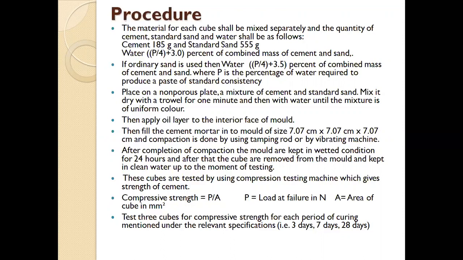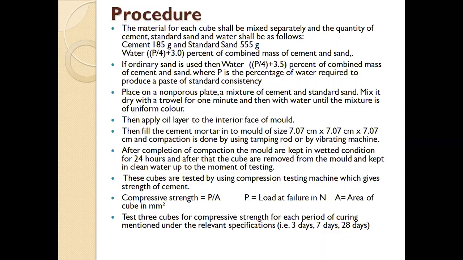For standard sand, the water is P/4 + 3 percent of the combined mass of the cement and sand. We calculate this value, and it is used as the percentage of water required for mixing, taken on the combined mass of the cement and sand.